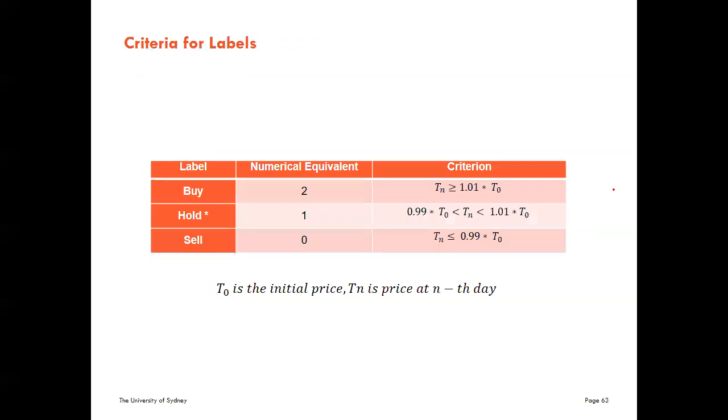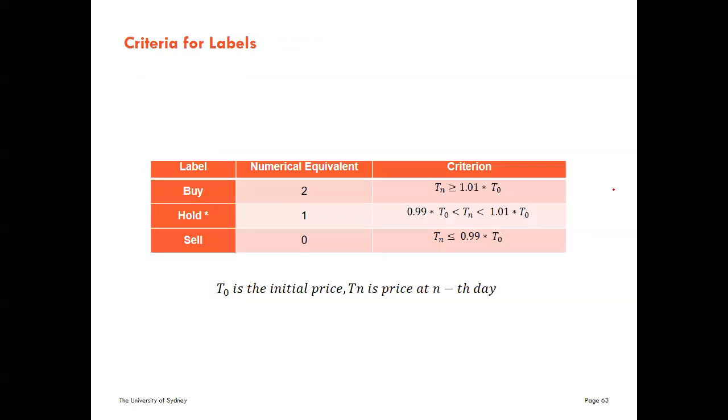I just talked about the labeling. It's the way we did the labeling for each of the rows. We set up an arbitrary number, 1%. We were interested in making 1% profit, right? You could say, oh, I'm not happy with 1%, I want to make 2% profit, 3%, whatever. So we just thought, okay, 1% is a reasonable profit.